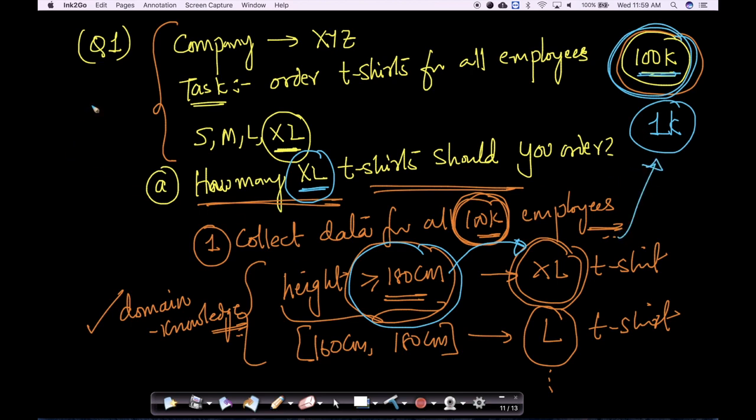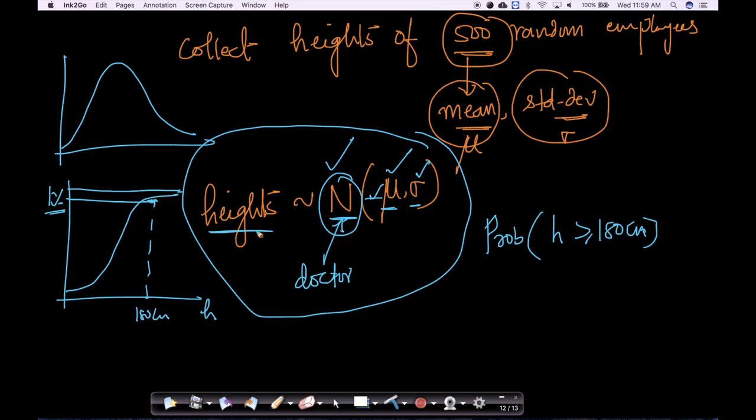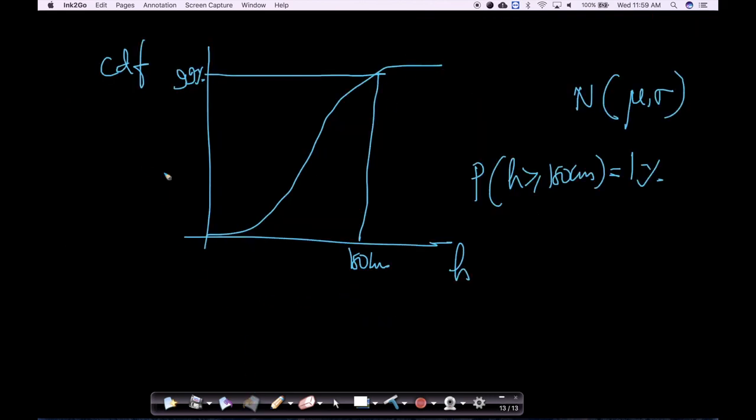Now here we have made a lot of assumptions and done a lot of analysis. First assumption is that you can predict the size of t-shirt from the heights, which is a reasonable commonsensical thing. Next, heights are a Gaussian distributed random variable, and I'm computing the mean and standard deviation using a sample.